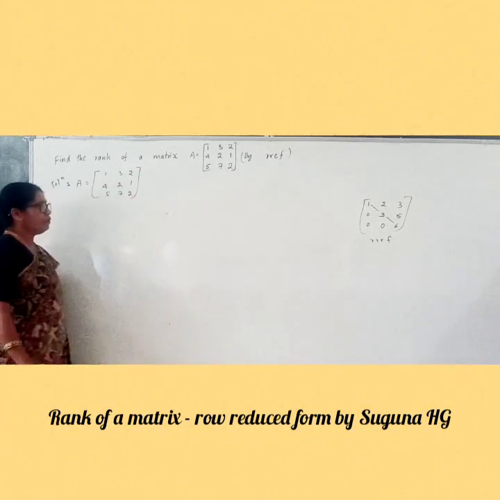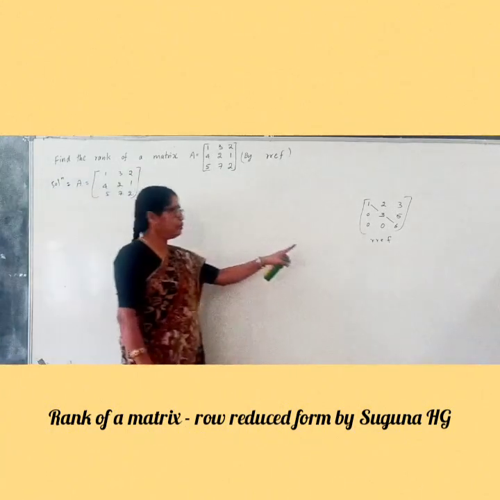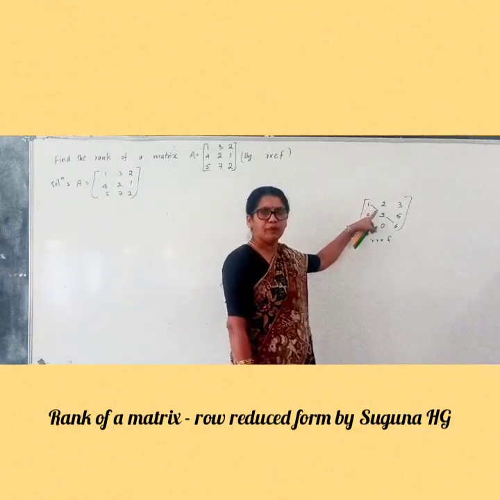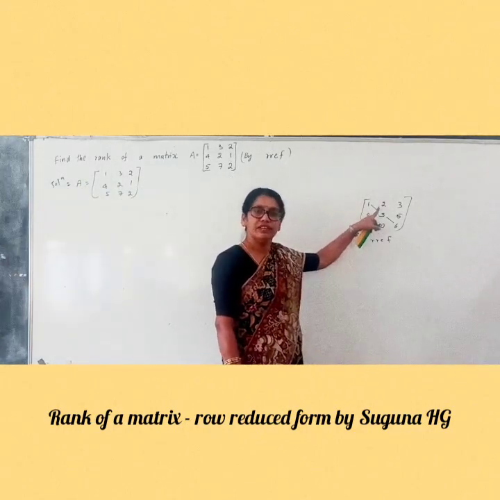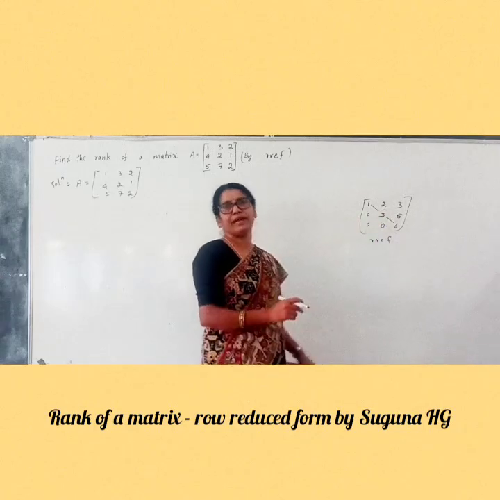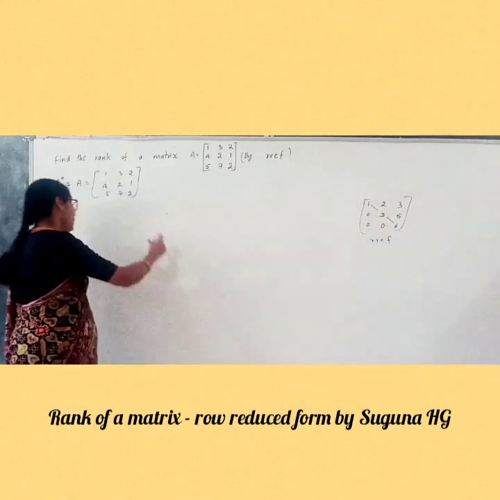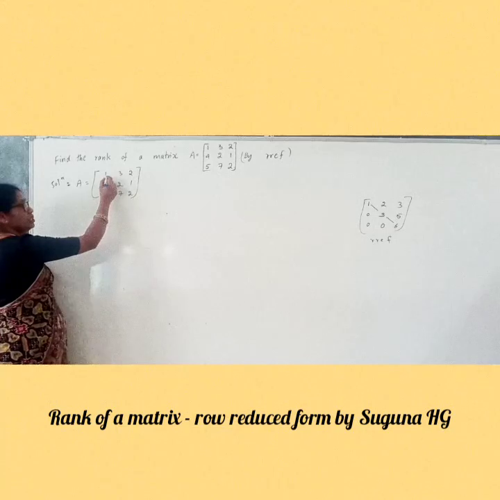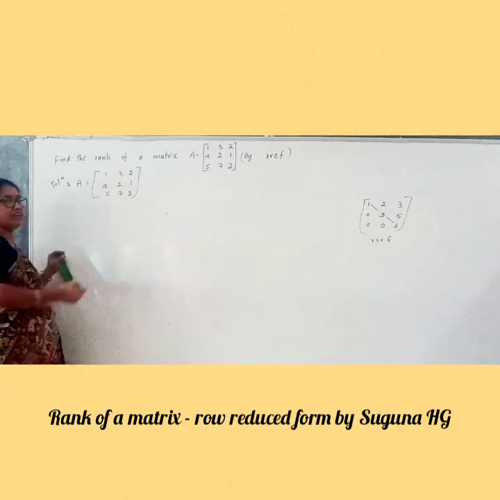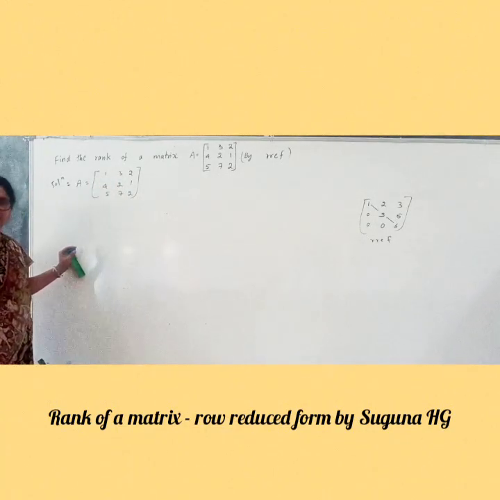Now according to the row reduced form, the leading entry should be 1. Leading entry means the first element of the matrix. So here the first element is already 1, so no operations are required for the first row.